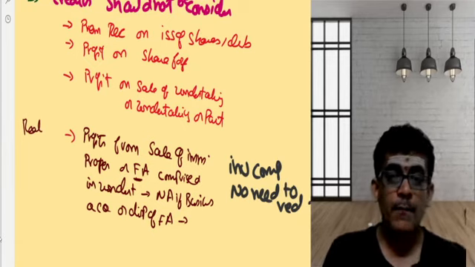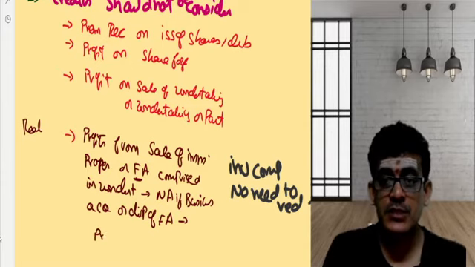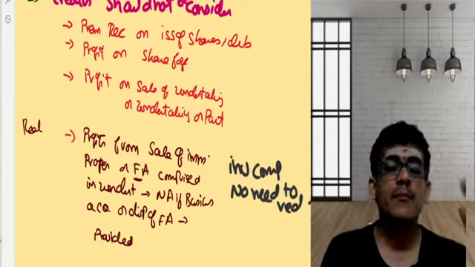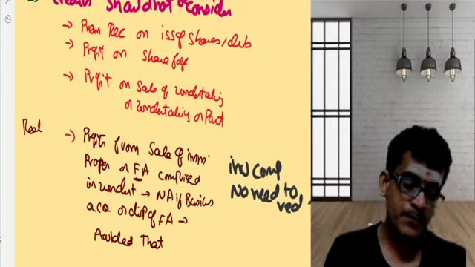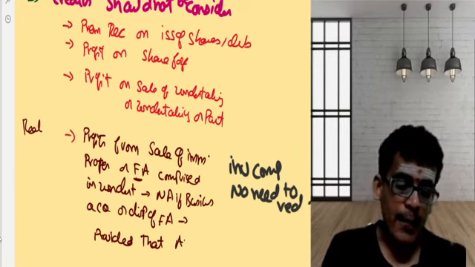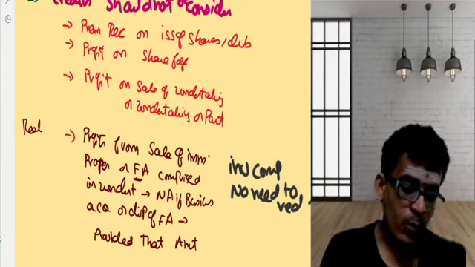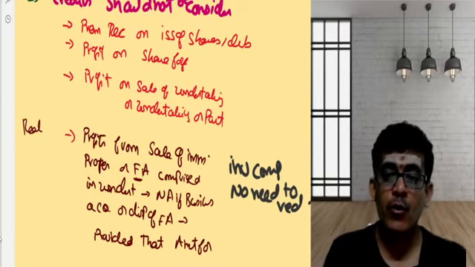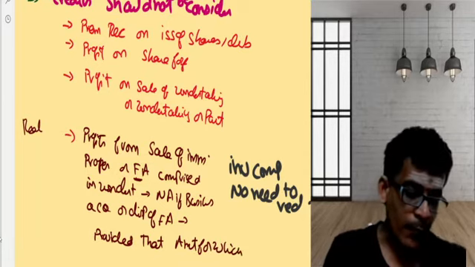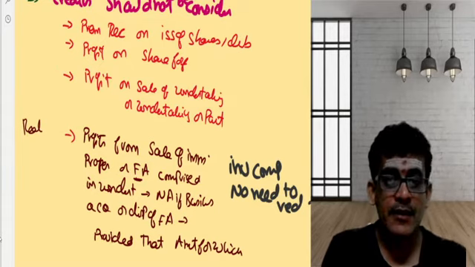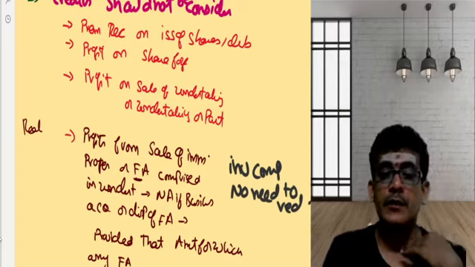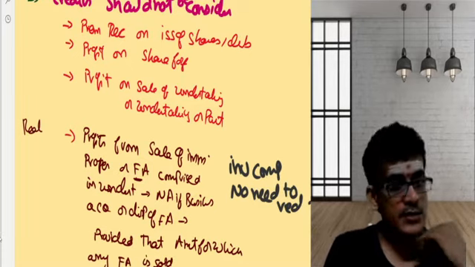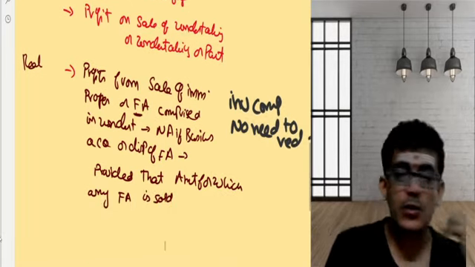So what it says, provided that, let me write the section so that I will explain clearly. Provided that, where the amount for which any fixed asset is sold, okay, you are selling the fixed asset and getting some sale consideration.